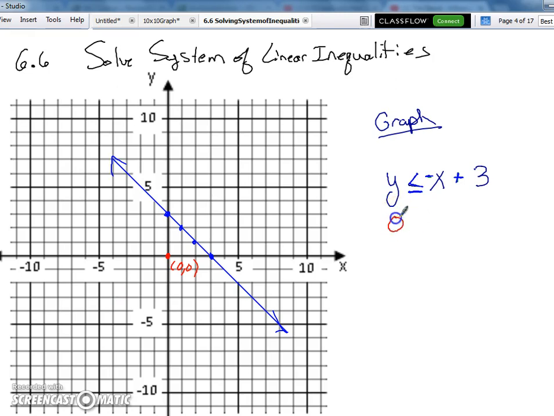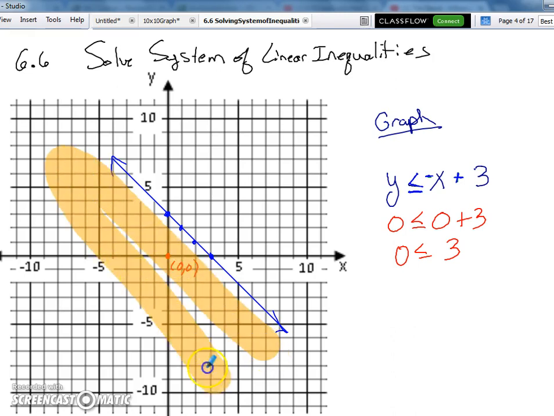So I'm going to put 0, 0 in for x and y. Notice this is a true statement, which means every point on this side would work. So I'm just going to shade this side of the line, which implies everything less than that line is included.